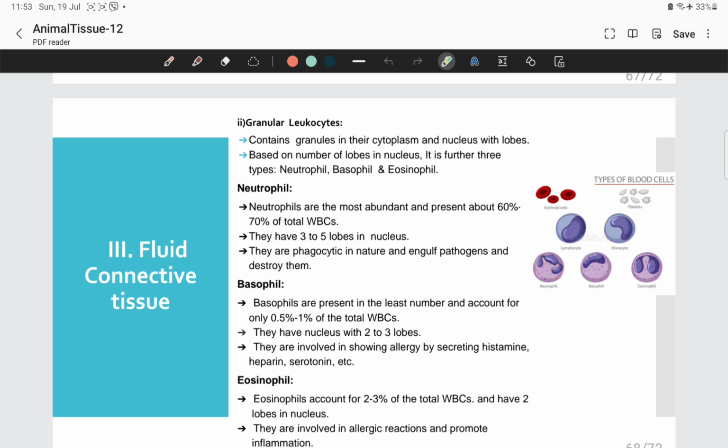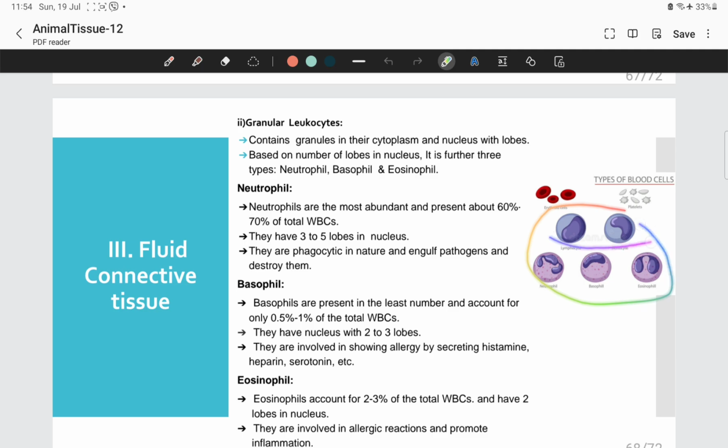In the case of agranulocytes, the surface of the nucleus was smooth, but here in the case of granular leukocytes, the nucleus has extra growth, and that is called lobes. So based on the number of lobes in the nucleus, it is of three types: neutrophil, basophil, and eosinophil.